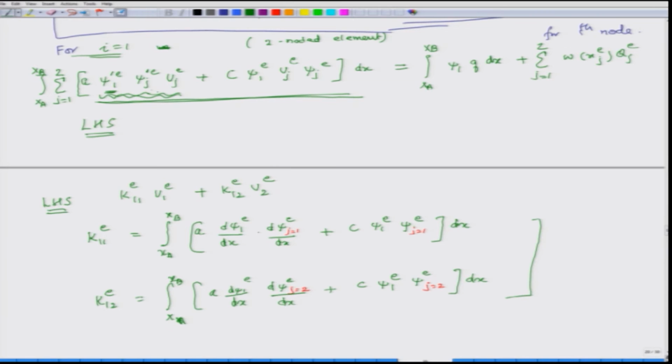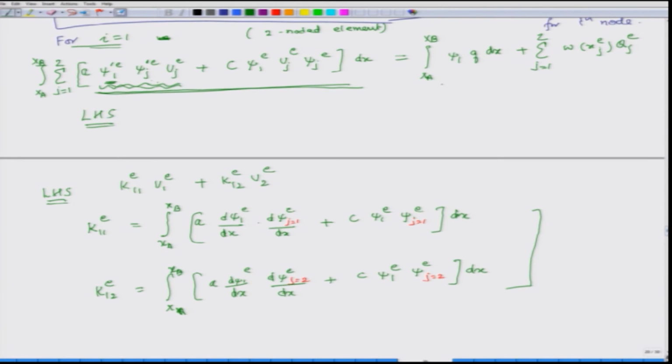Agreed? Okay. Now, let us look at this next function, psi 1 times q dx. So, this is still the first equation. This is the first function RHS 1, we will call it the first term on the RHS side.